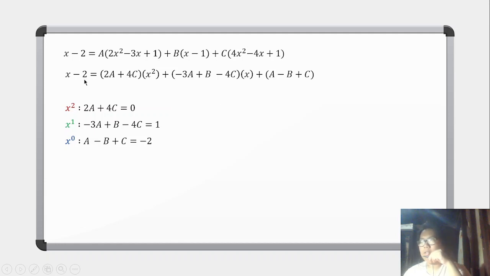Looking at the left hand side of the equation, there is no x squared, so that is equal to 0. For x raised to 1, or just x, we have -3A + B - 4C, and on the left hand side we have 1, so it equals 1. For x raised to 0, or just 1, we have A - B + C, and on the left hand side we have -2, so it equals -2. Let's label these three equations: equation 1, equation 2, and equation 3.